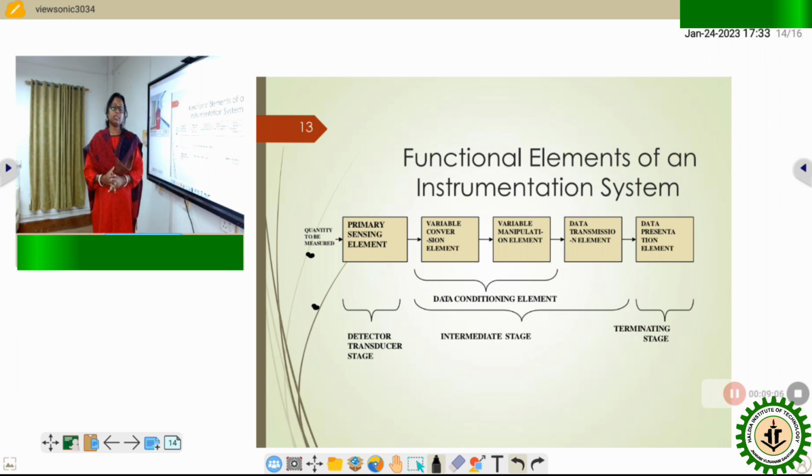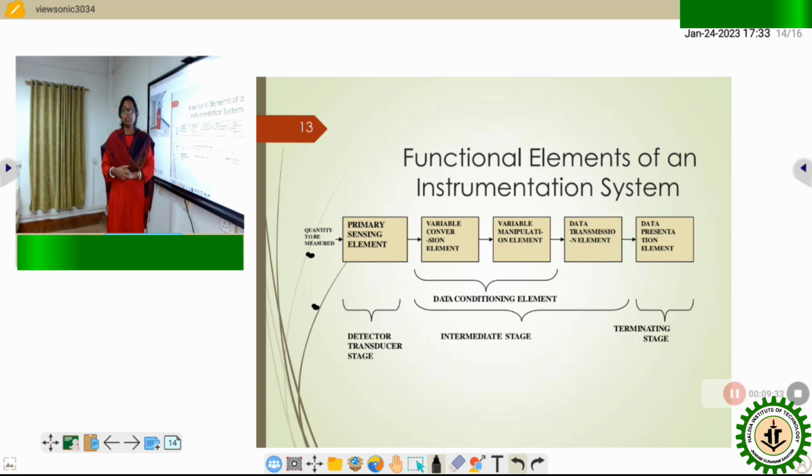In this primary sensing element, the measurement parameter comes in, and this is primarily the sensing part. Different types of sensors are involved, and once the sensor data is obtained, it is given as input to a variable conversion element.